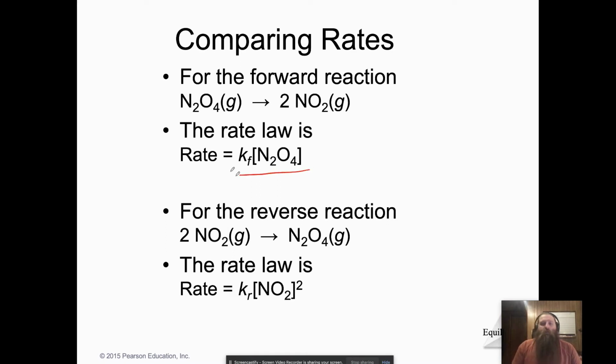The rate constant is going to depend on the concentration of N2O4. Now, for the reverse reaction, it's going to depend on the concentration of NO2, and it's squared, taking into account the stoichiometry there. And you might see K sub F for forward and K sub R for reverse.